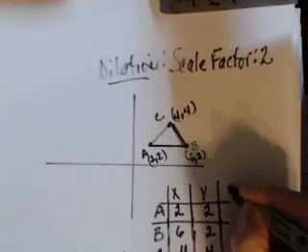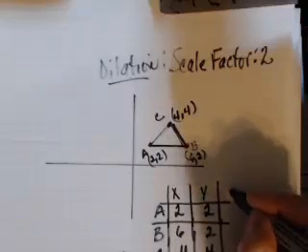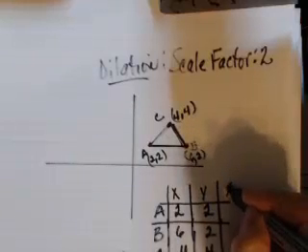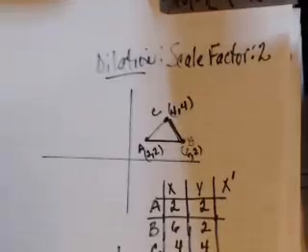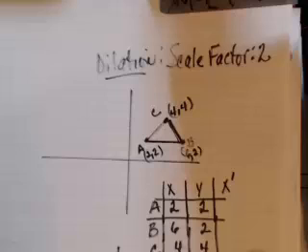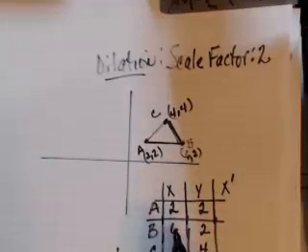To get A prime, the x value that goes with A prime, I'm going to multiply each of the x values by 2 and each of the y values by 2.